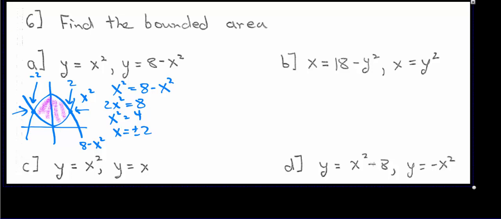So I think what I'm going to do is integrate from 0 to 2 and just double it. I take the top function minus the bottom function. See? I get all that area, and then I subtract off what I don't want. Okay, so this is going to be 2, the integral from 0 to 2, 8 minus 2x squared.